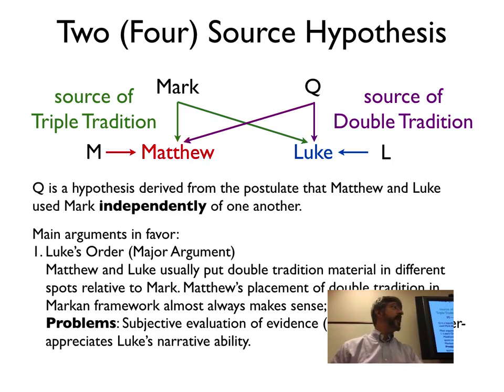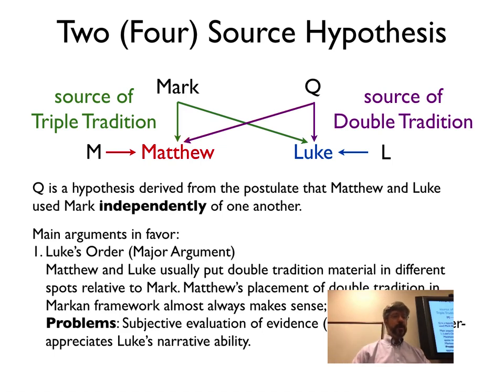Yes. I actually don't think this model works very well, even though it's the one that's most commonly adopted. This idea that Matthew makes sense and Luke doesn't, well, that's kind of underestimating Luke's literary skill.